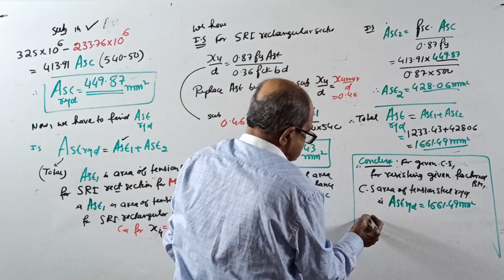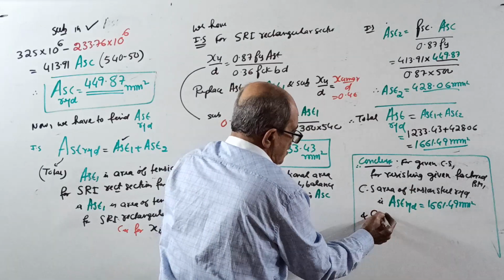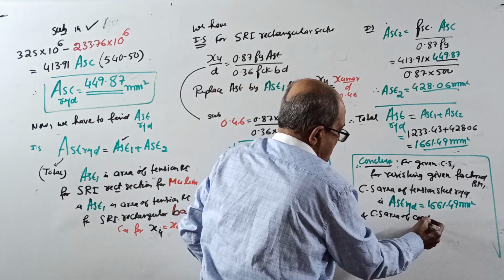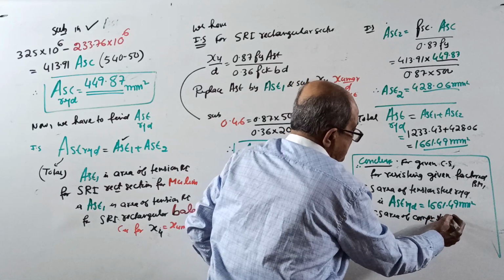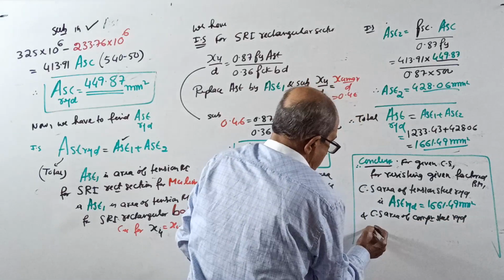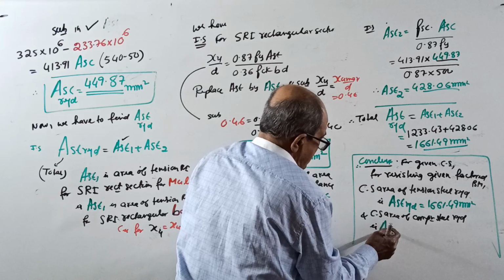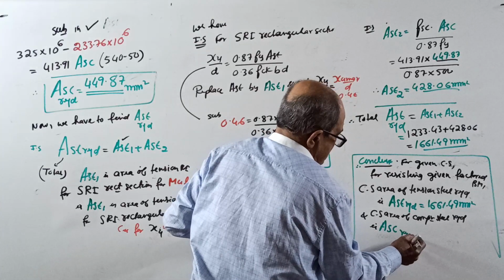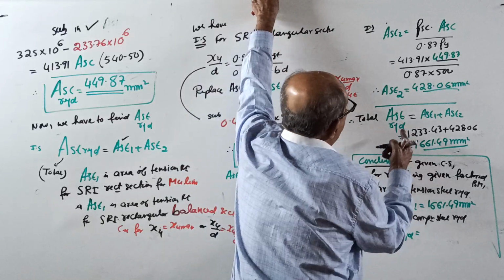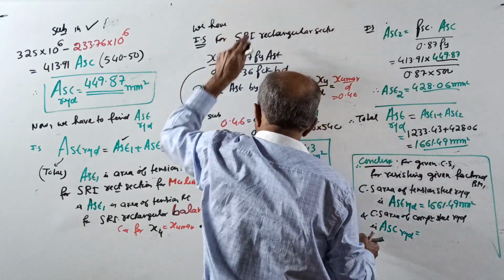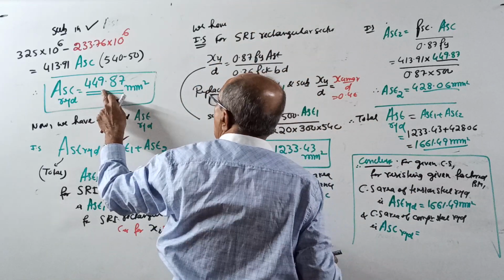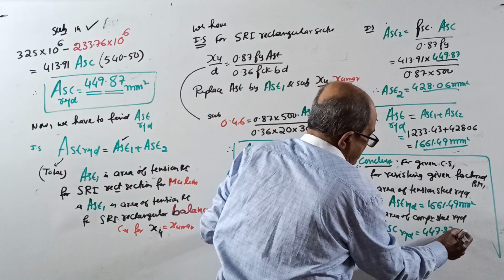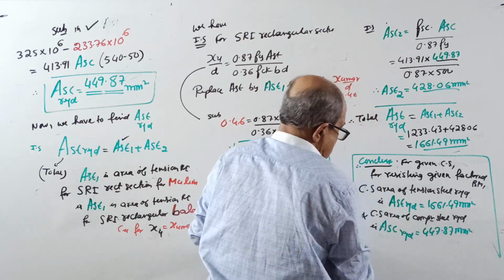And you write the cross sectional area of compression steel required, that is ASC required, equal to 447.87 mm square. Over.